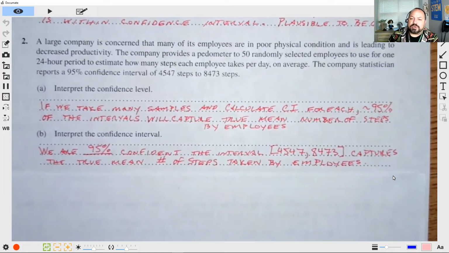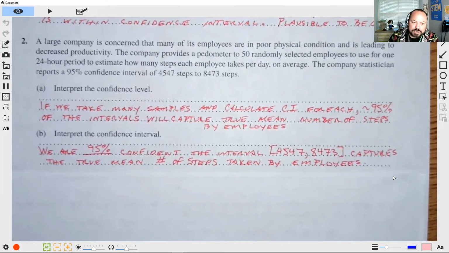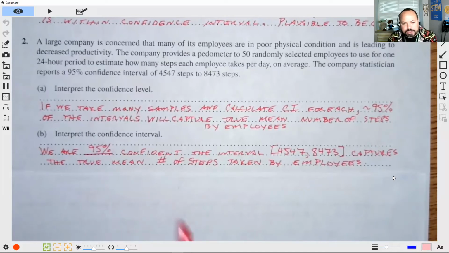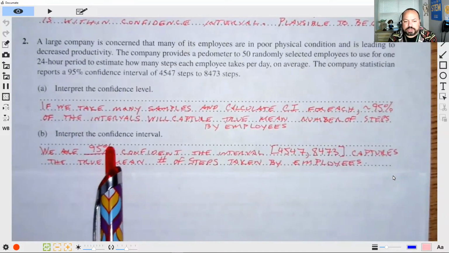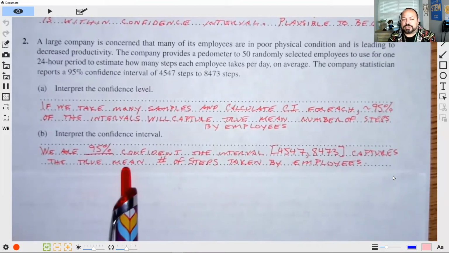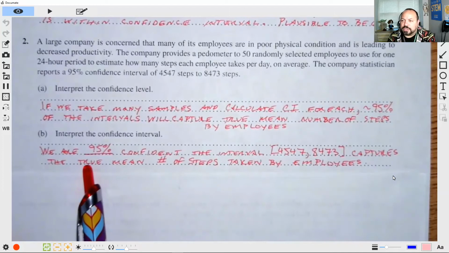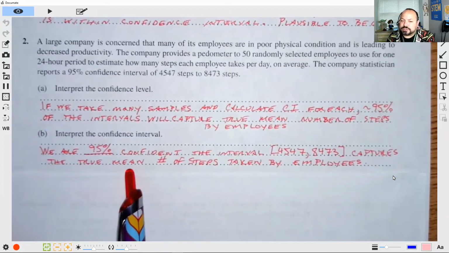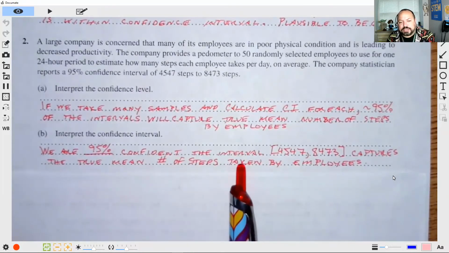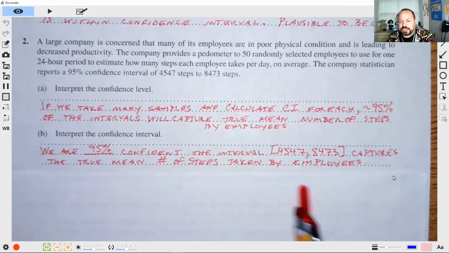For the level, we talk about making intervals, and for the interval, we talk about confidence. Always include what the confidence level is, what the interval is, and what you are representing. Is it a proportion? Is it a mean? Is it something else? And the context, in this case, the mean number of steps taken by employees.